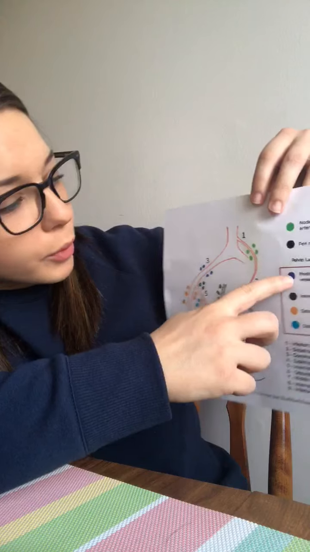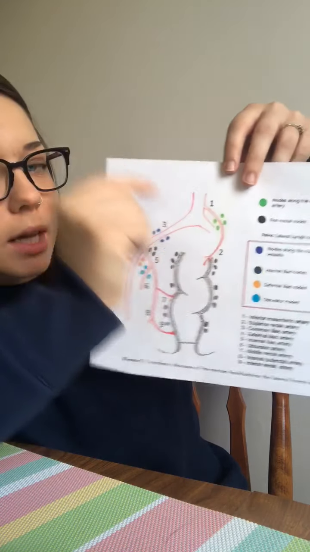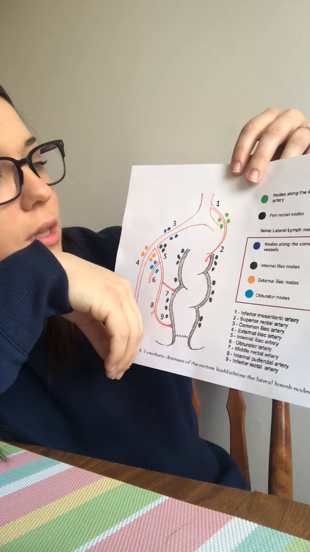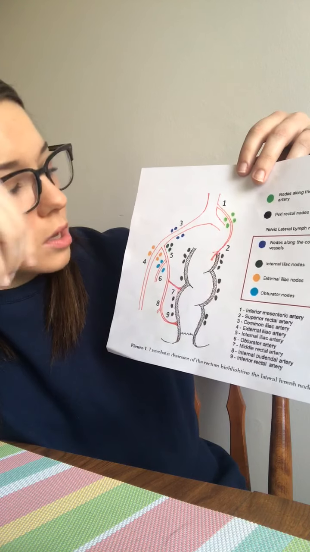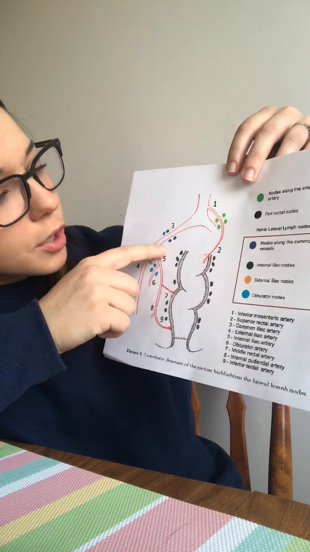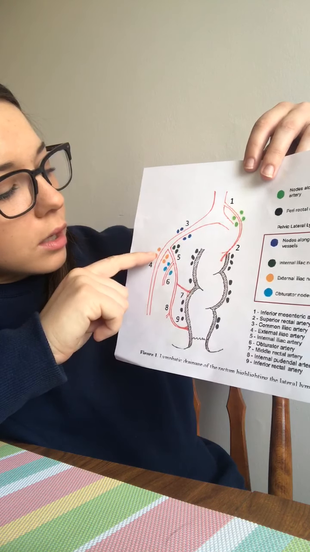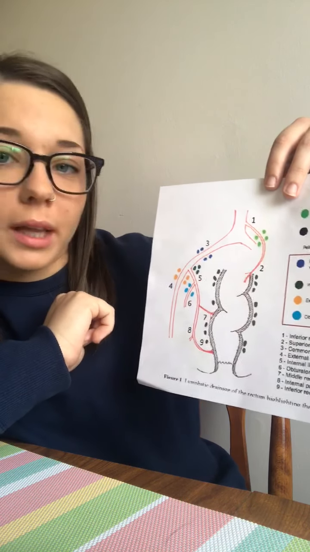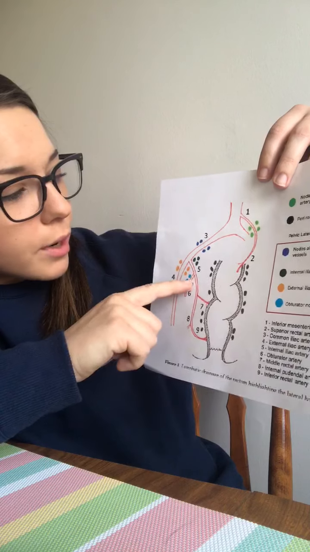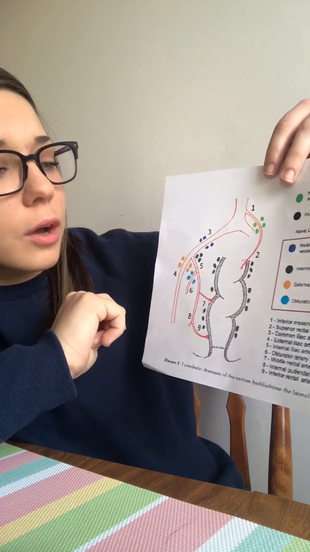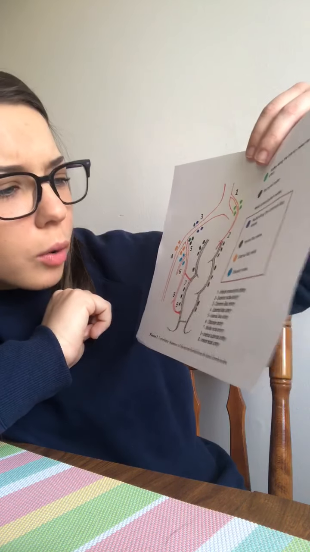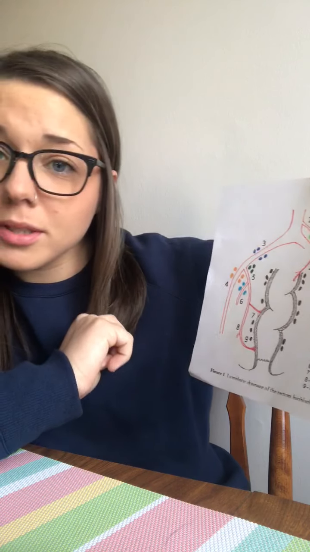The dark blue is the nodes that are along the common iliac vessels, the dark green ones are the internal iliac nodes, the orange ones are the external iliac nodes, and the blue ones over here are the obturator nodes. I just butchered that.